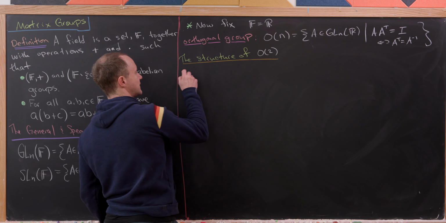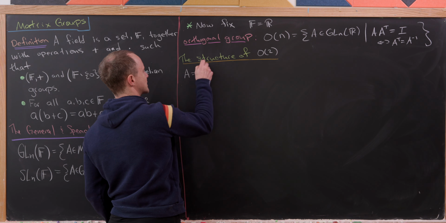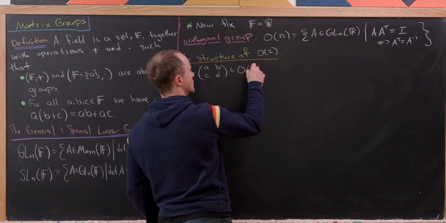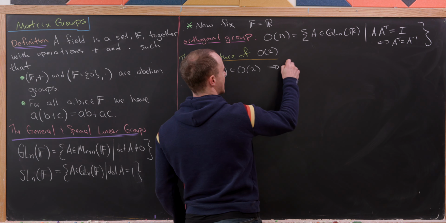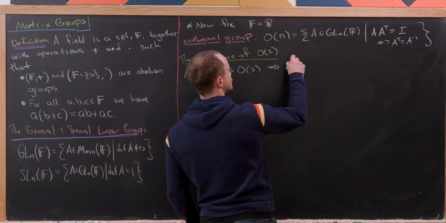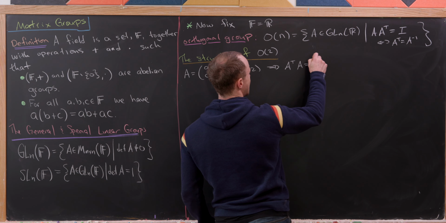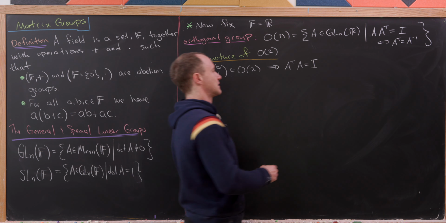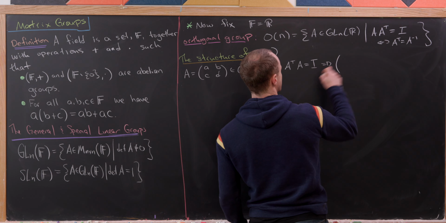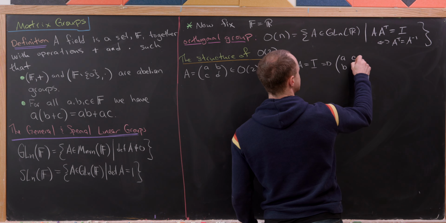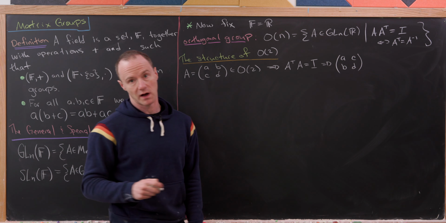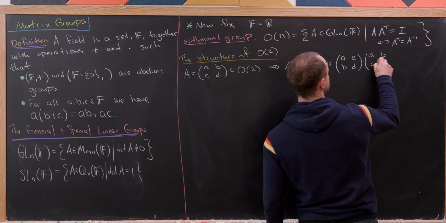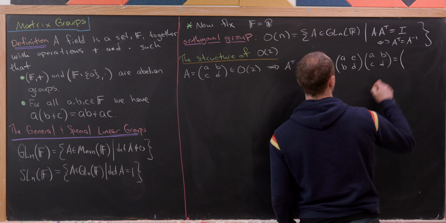So let's observe that if we have, well, I'll call our matrix A, which has got to be a 2 by 2 matrix, (a, b; c, d), inside of O_2, that means that, well, first of all, A transpose times A is equal to the identity matrix. But observe that means the following. So A transpose is going to be (a, b; c, d) read column-wise, whereas A will be (a, b; c, d) read row-wise.